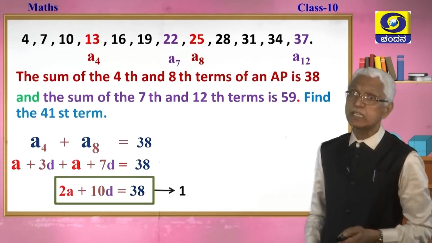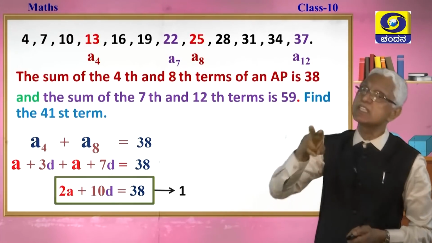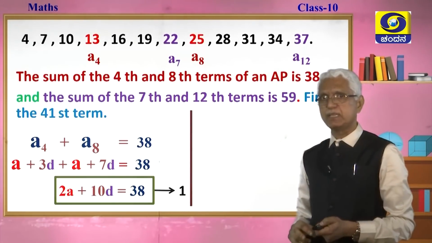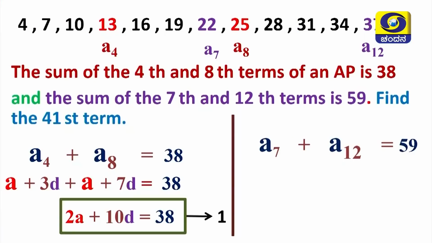Now we have to see the birth of the second equation using the second part of the problem. Shall we see, my dear children? The sum of the 7th and the 12th is 59. A7 plus A12 is 59, right? An is A plus n minus 1 into D. So, A7 is A plus 7 minus 1 into D, A plus 6D.